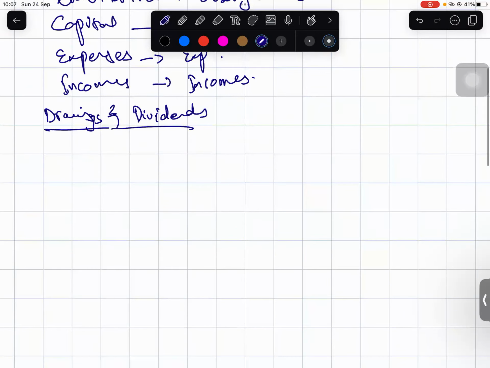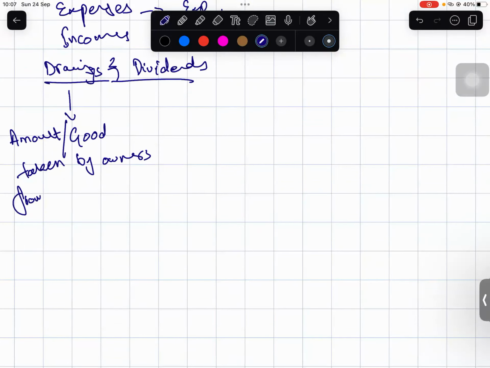Now, we discussed that drawings are amount or goods taken by owners from the business for personal use.